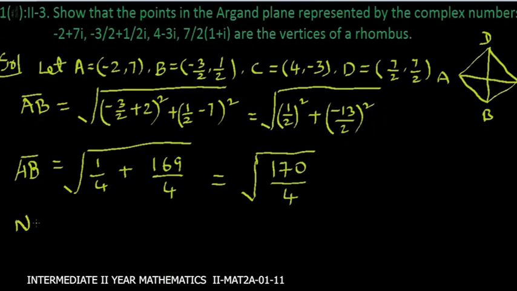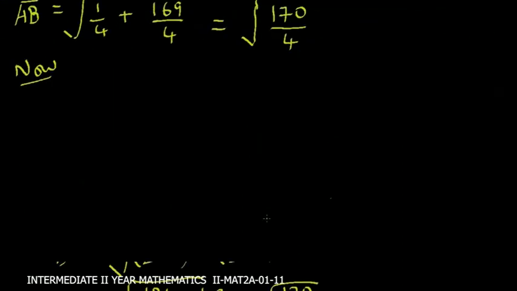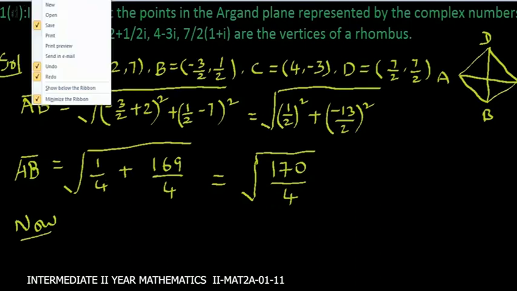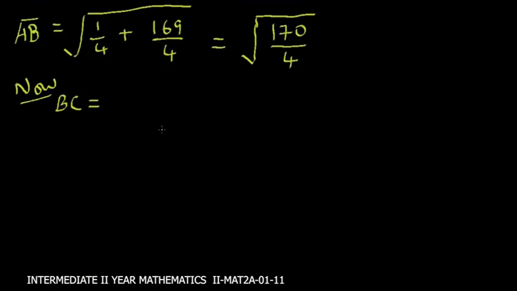Now let us find BC, the length of the side BC. Using x2 minus x1 and y2 minus y1, if you want, you can write the points here. B is (-3/2, 1/2), C is (4, -3).